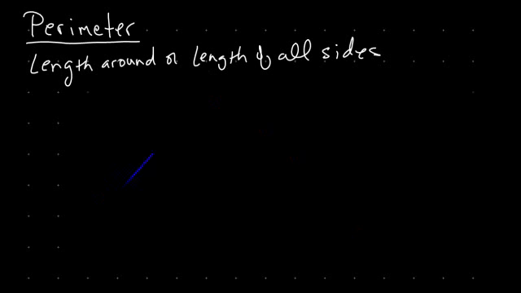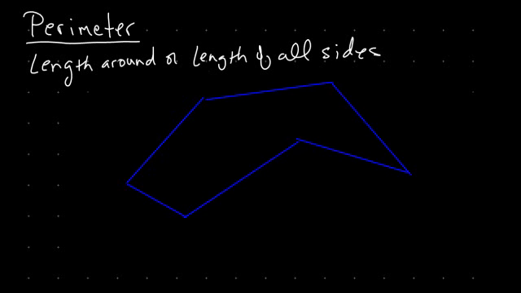So let's say we got some odd looking figure here. This is our figure, and you're asked to find the perimeter. You take out your tape measure and measure, and you get this piece here to be 30 feet.